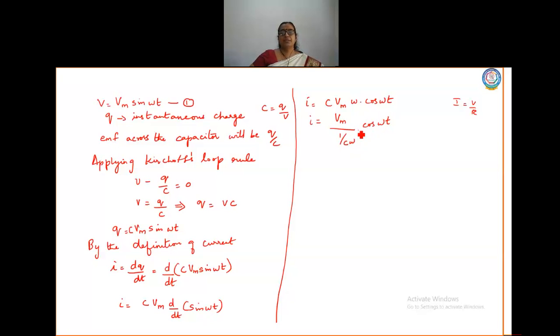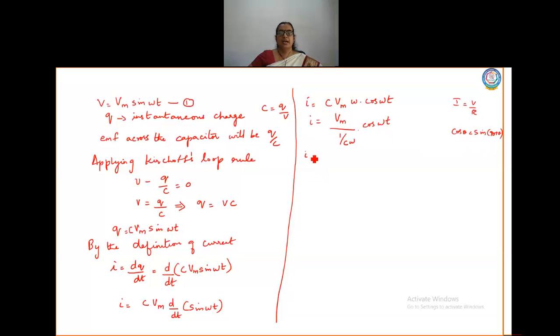Now I need to represent this cos omega t in terms of sin omega t, because only then will the comparison be easy. So cos theta I can write as sin of 90 plus theta. Can I write like this? Yes, of course.